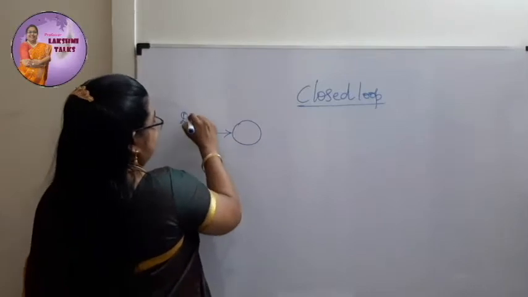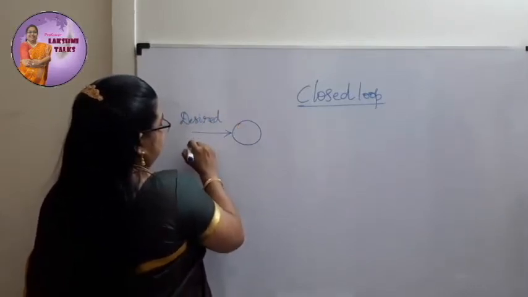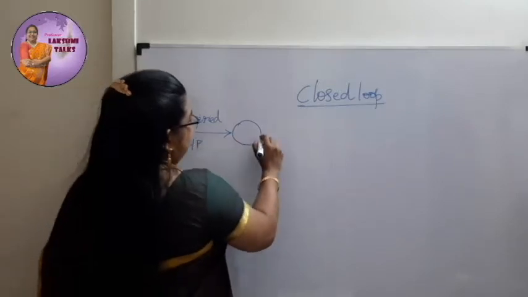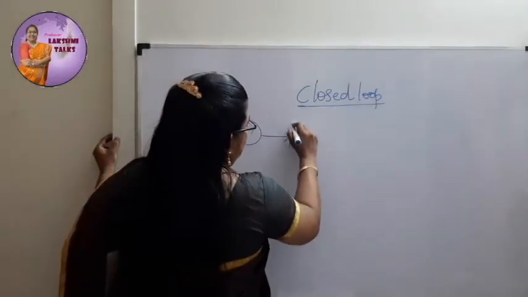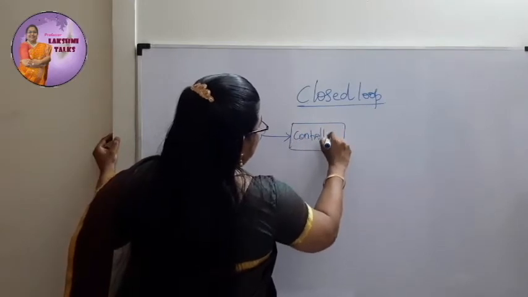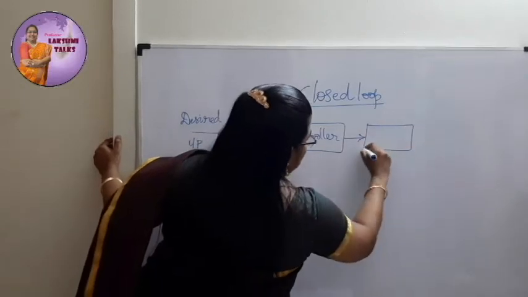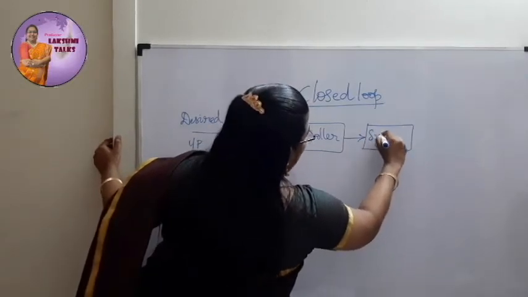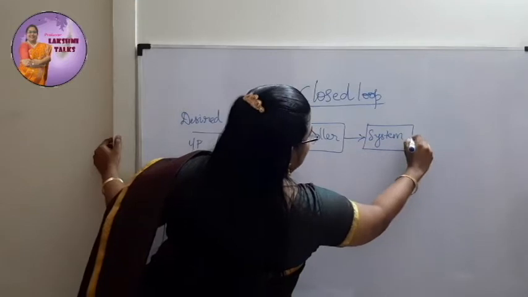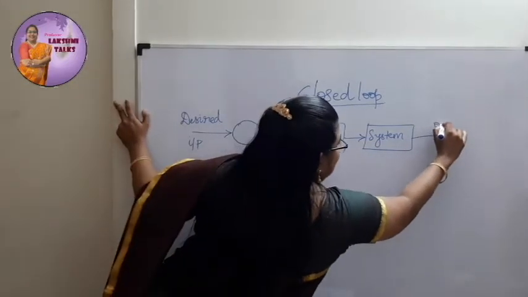see, this is the desired value, which is given as the input, and then you have the controller, then you have the exact system to be measured, whether it is a traffic system or a heating system, whatever it is, and you are measuring the output.